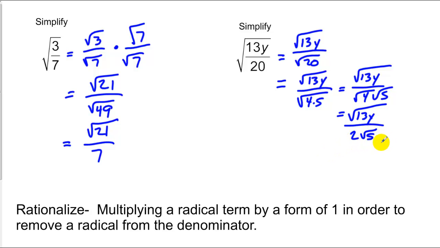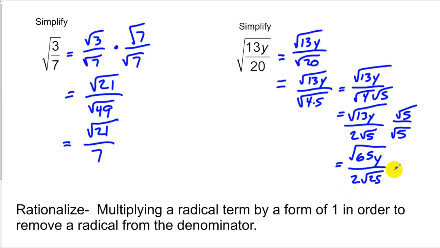And still I have a radical in my denominator. So now I have to rationalize once again by a number that will remove this root 5. Multiply any root by itself and you will get a perfect square. So I'm going to rationalize by root 5 over root 5 and end up with, in the numerator, root 65y, and in the denominator end up with 2 root 25.